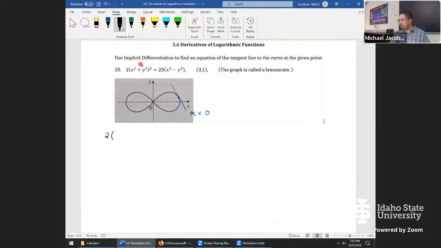Expand this right out. We'll go x squared plus y squared multiplying itself. The right-hand side is 25 times x squared minus y squared. And if we were to expand this out, let's keep that 2 parked here. I'll just do another set of parentheses. We'll get x power 4 first as we start to multiply.